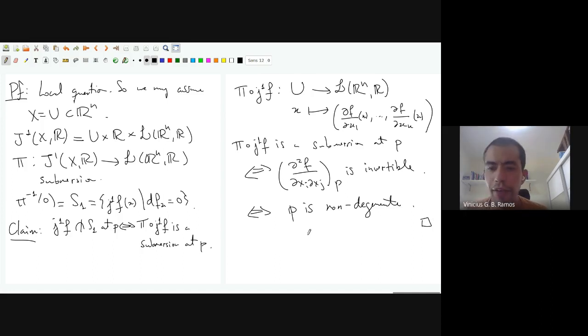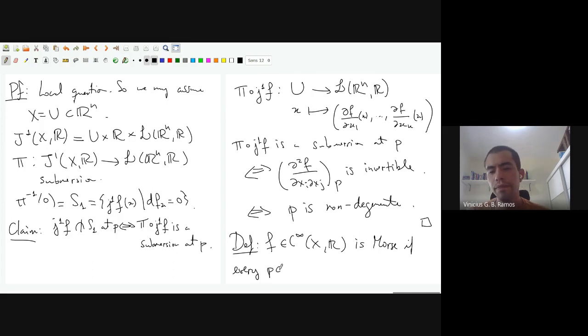Okay, so now we can define what it means for a function to be Morse. A smooth function f is Morse if every critical point of f is non-degenerate.